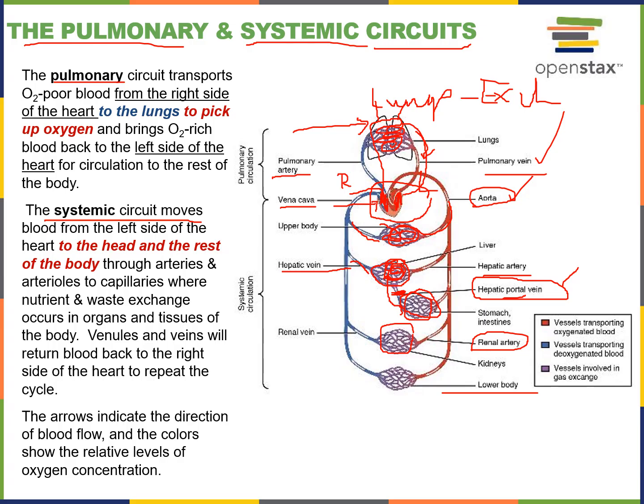This is blood that is rich in glucose because when we digest carbohydrates, they break down to glucose. This is blood that is rich in amino acids because when we digest proteins, they break down to amino acids. However, lipids, which are broken down to fatty acids, are not transported in the hepatic portal vein. But when we get to the digestive system, we can talk about why.